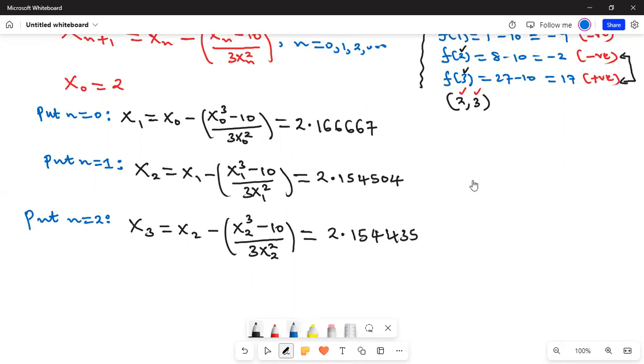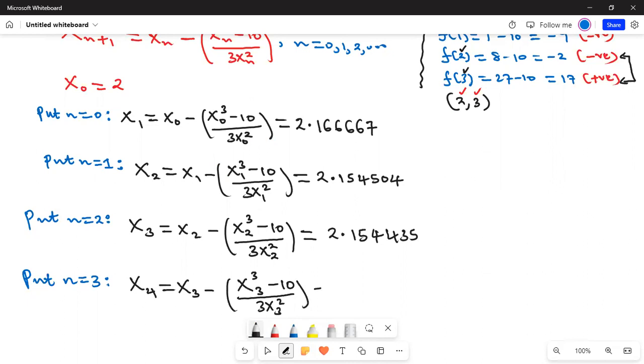Let us put n equal to 3. Here we are going now to get x4 being equal to x3 minus x3 cubed minus 10 over 3 times x3 squared.